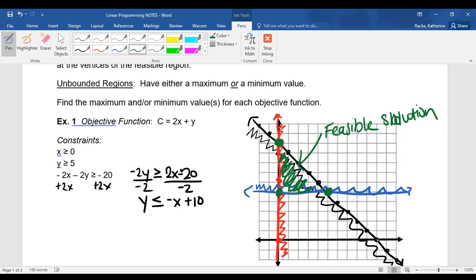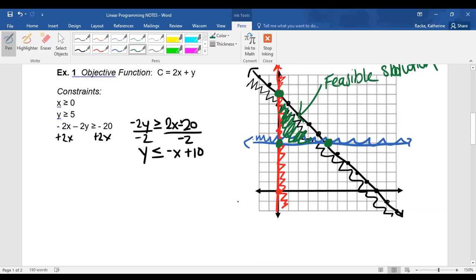Okay, so your first step when doing a problem like this is to graph your constraints. Your second step is to identify the vertices, and those are the points of intersection between our lines here.